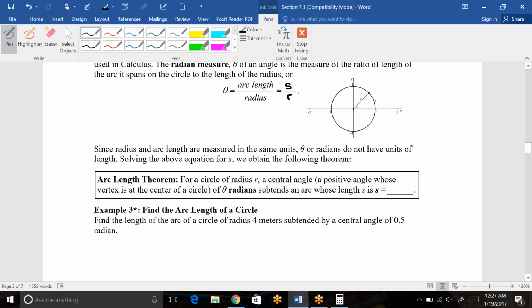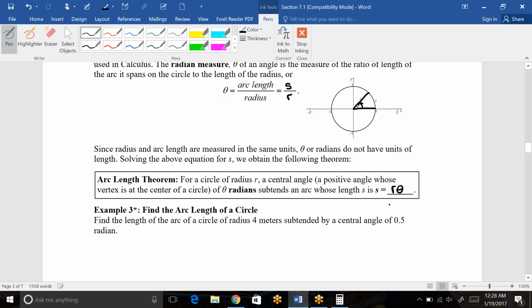So the arc length theorem says that for a circle of radius r, remember radius is the distance from the center of the circle to the actual points on the circle, a central angle, which is the angle that goes from one radius to another radius, so its vertex is at the center of the circle, of theta radians subtends an arc whose length is S equals r theta.